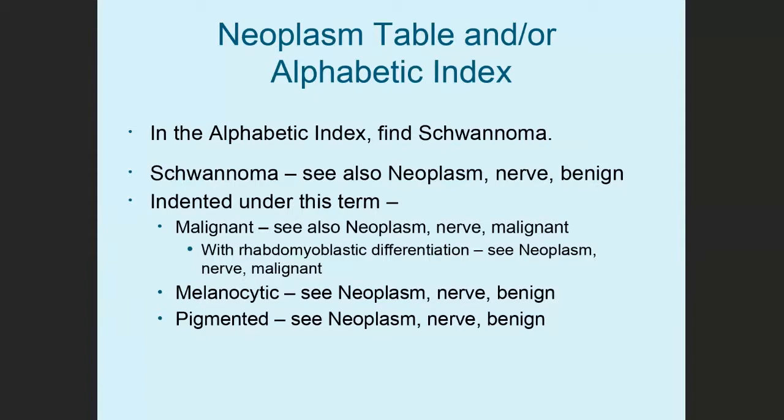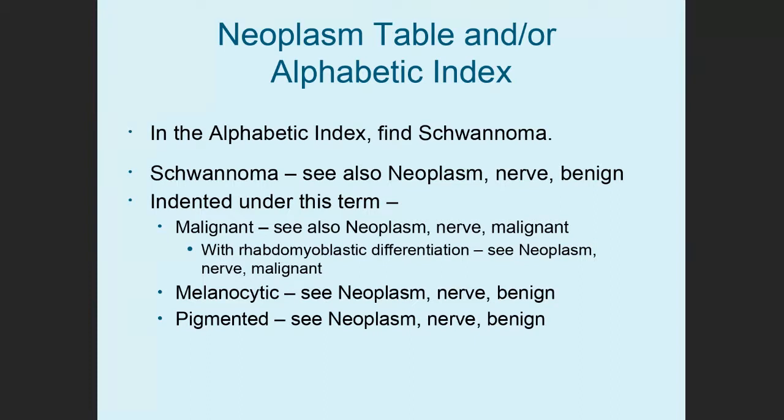So let's look at this one. In the alphabetic index, look up schwannoma. Schwannoma is a neoplasm involving the peripheral nervous system. The entries under this listing refer you to the neoplasm, but to different columns. That's why it's so important to look these up in the alphabetic index, so you know which column to use in the neoplasm table. For example, if it's malignant, it tells you see neoplasm nerve malignant.